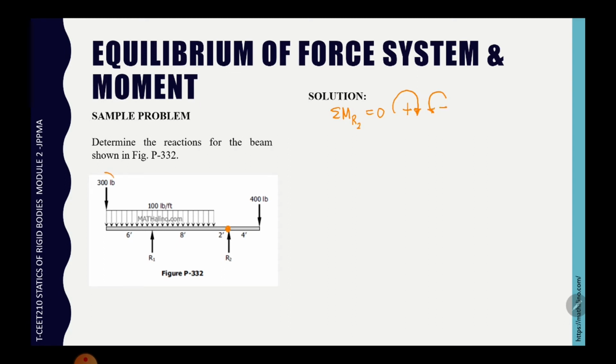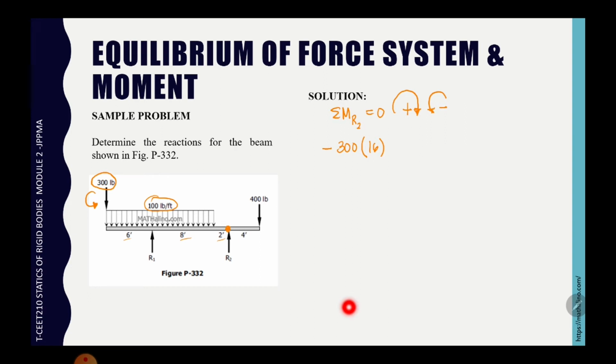So, itong 300 muna na unahin natin. So, 300 times ang distance na is 6 plus 8 plus 2 is equal to 16. And ang direction niya is magiging paganyan papunta doon sa point na to. Kaya yung direction na yan is negative. Counterclockwise. So, sunod naman dito kay 100 lb per feet.